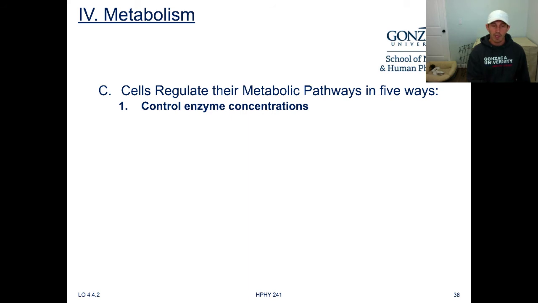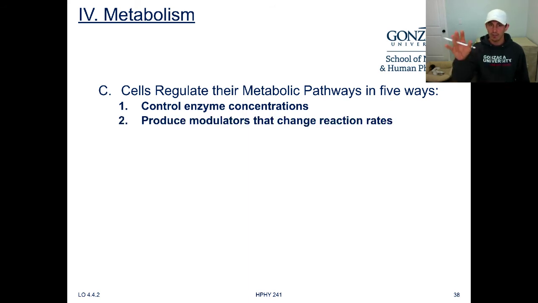So they control enzyme concentrations. We've talked about that. You can increase or decrease the concentration of enzyme. That's going to regulate how fast a reaction takes place. Cells can also produce modulators that change the reaction rates, and most likely those modulators are going to change the enzyme. They're going to impact the enzyme itself.